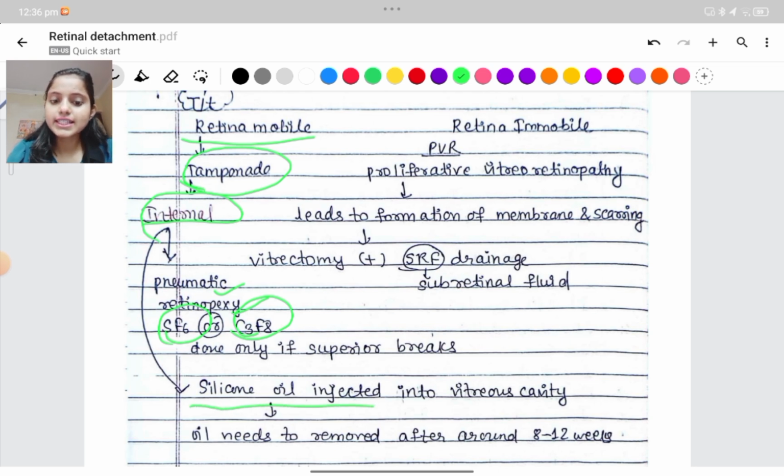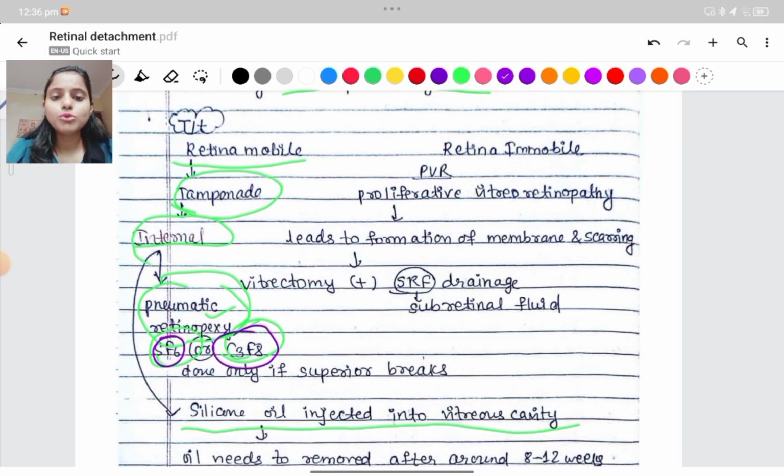Silicone oil is injected into the vitreous cavity, due to which the retina will move into its own place. Oil needs to be removed after around 8 to 12 weeks. We give pneumatic retinopexy with SF6 or C3F8, and silicone oil.